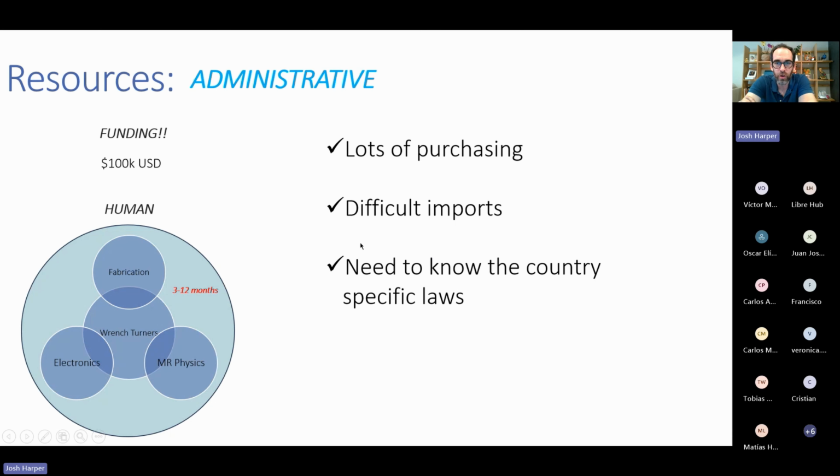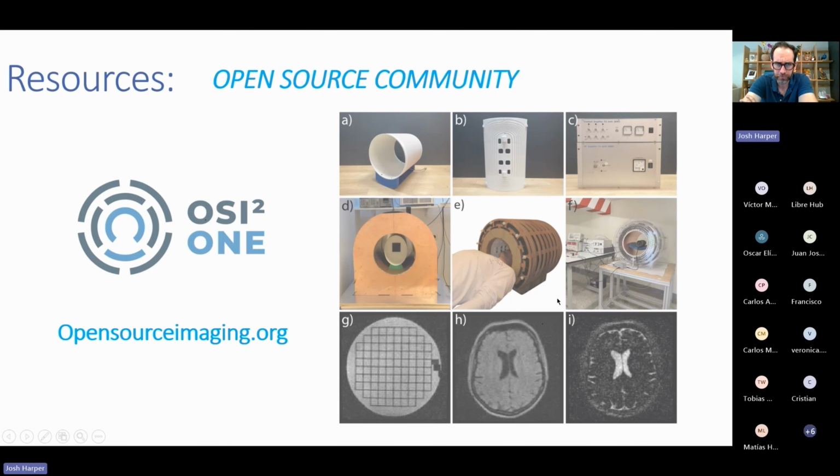And you need to know if there are any country-specific laws that you can use for education, for example, to relieve some of that tax burden. We were able to use some laws here that promote educational technologies and saved us a lot on our budget. But you need somebody who knows how to navigate that system as well. So make sure you have some administrative support lined up.